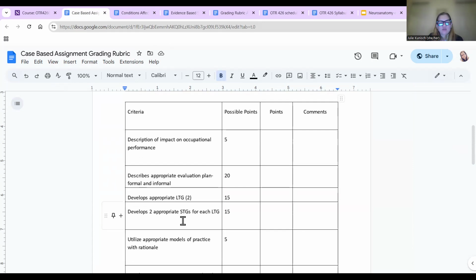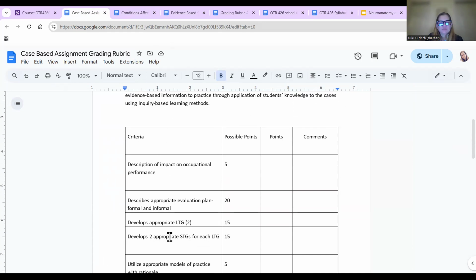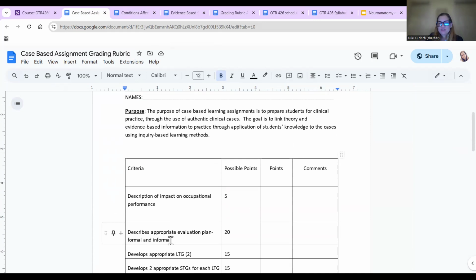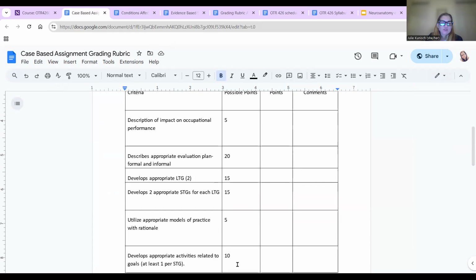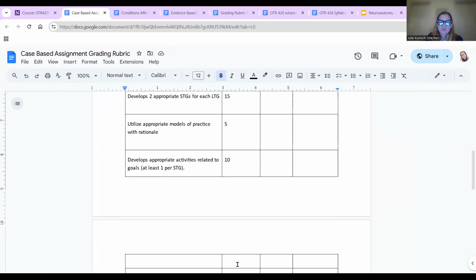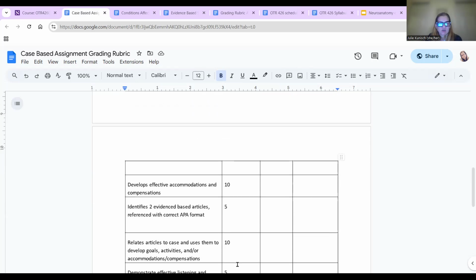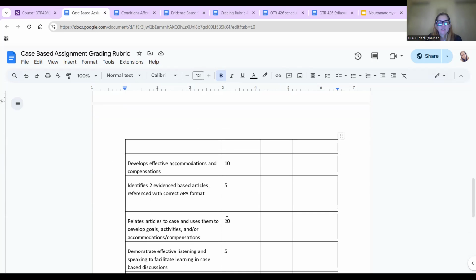Here's what is expected in your assignment: what is the impact on occupational performance that's going on with this person? What's your evaluation plan, your goals, models of practice, right? And what is your intervention going to look like, accommodations and compensations.